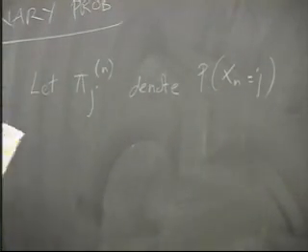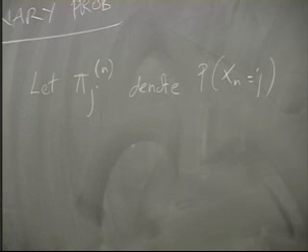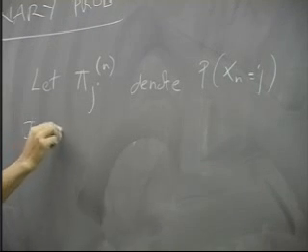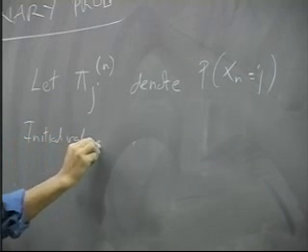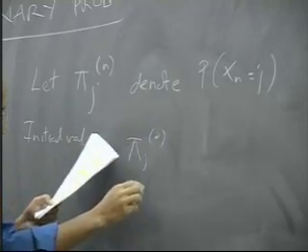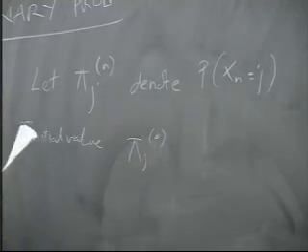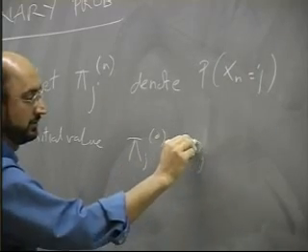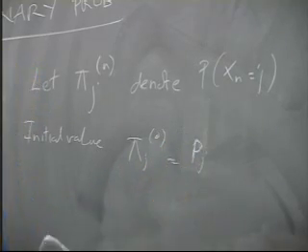I'll just call that pi j n. The initial value is pi j 0, and we'll call this p j.